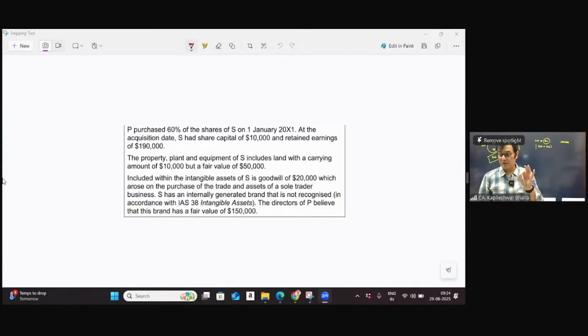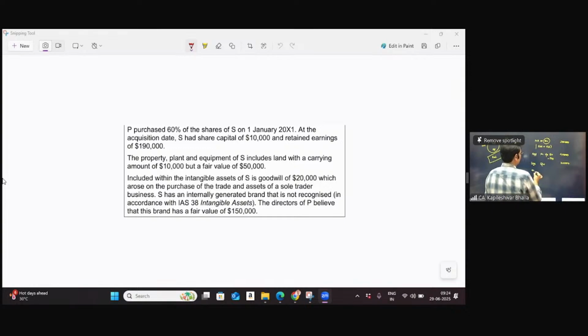Then we need to add 40,000, the fair value versus book value difference of the property, plant, equipment. Because the 2 lakh includes 10, but it should include 50. The intangible asset that is goodwill of 20,000 we need not add, because it is already inside. The intangible assets goodwill needs to be eliminated because we will get the goodwill later as a balancing figure.